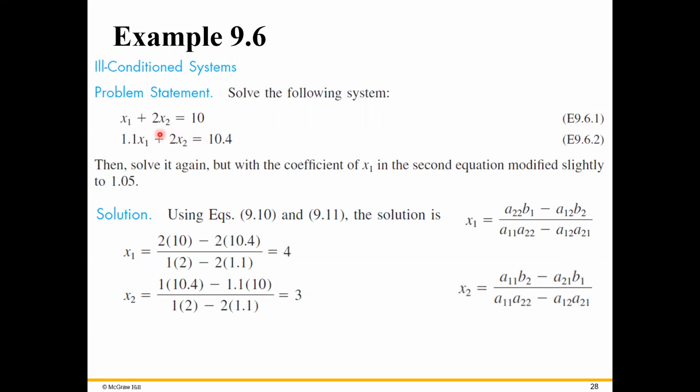So this is the solution for the case when we are using the coefficient 1.1 and the coefficients 1, 2 and 2.